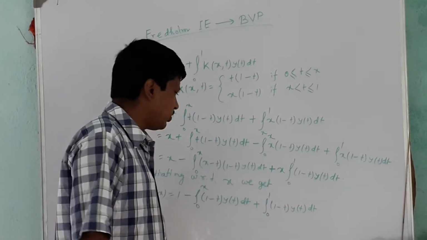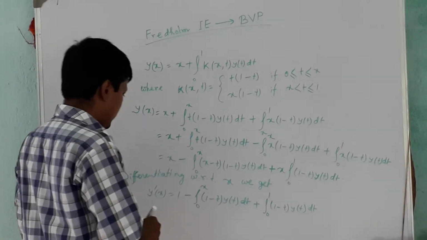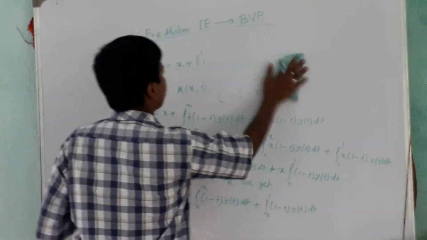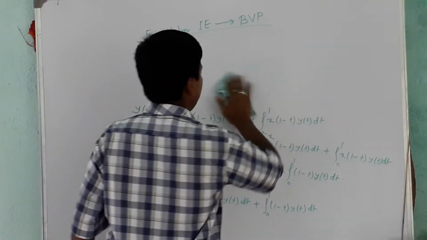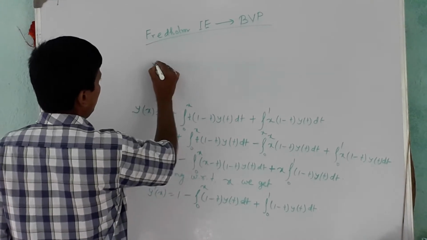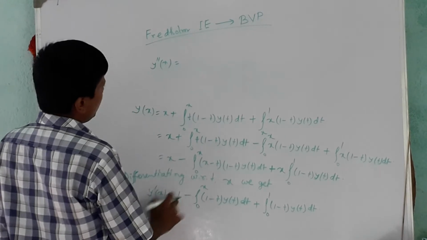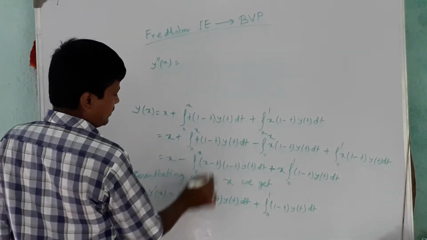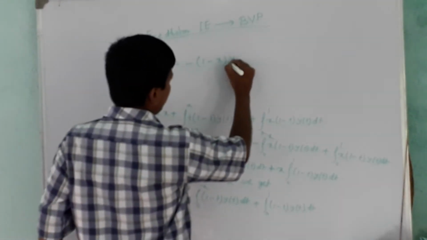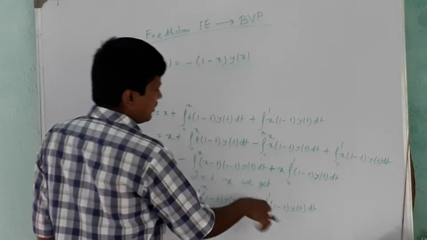So this is our well-known form, and now again differentiating this function with respect to x, we get y''(x) is equal to the derivative of 1, which is 0, and the derivative of this function will be minus (1 minus x) y(x), and the last part is a constant, so its derivative will be 0.